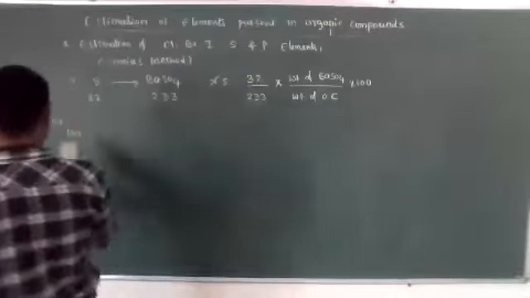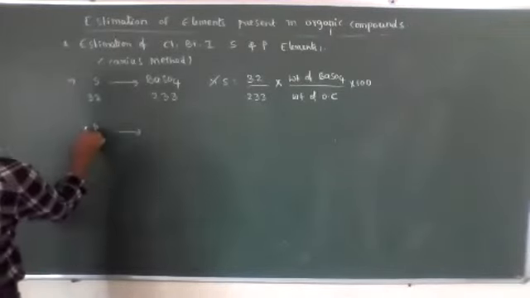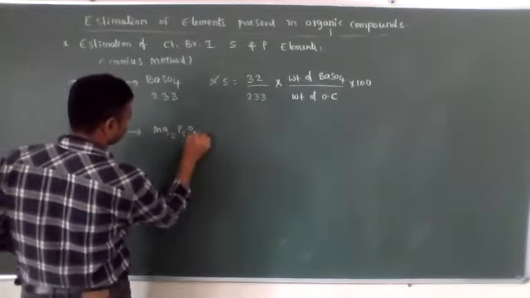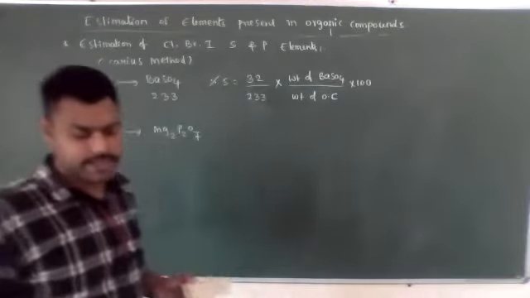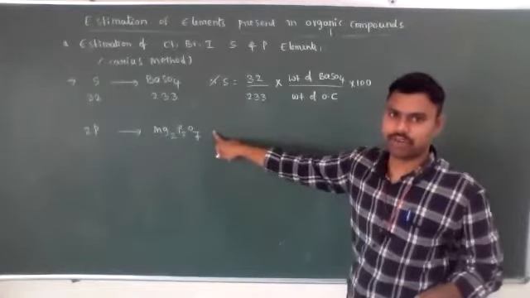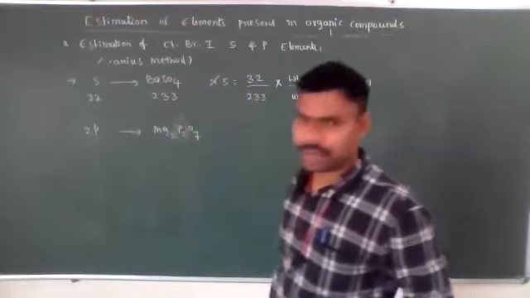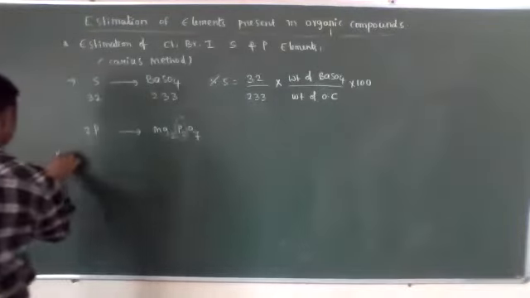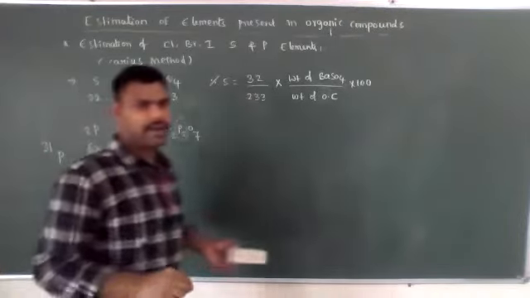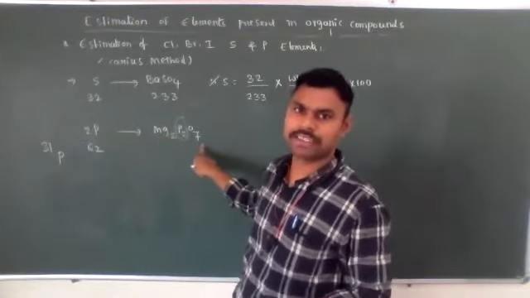Next, one more element, phosphorus. If phosphorus is present in the organic compound, it is converted into Mg2P2O7, magnesium pyrophosphate. In that, two phosphorus atoms are present. Phosphorus 31 means 62. What is the gram molecular weight of Mg2P2O7? Magnesium 24, phosphorus 31, oxygen 16.